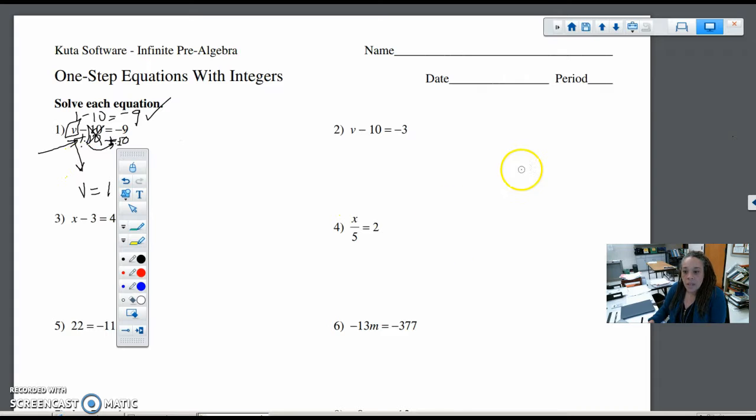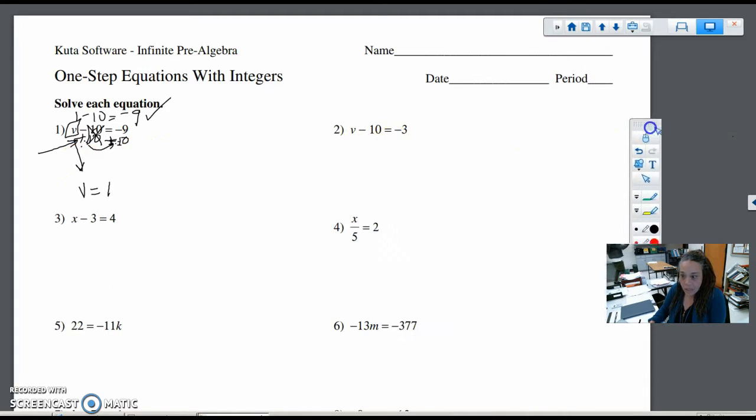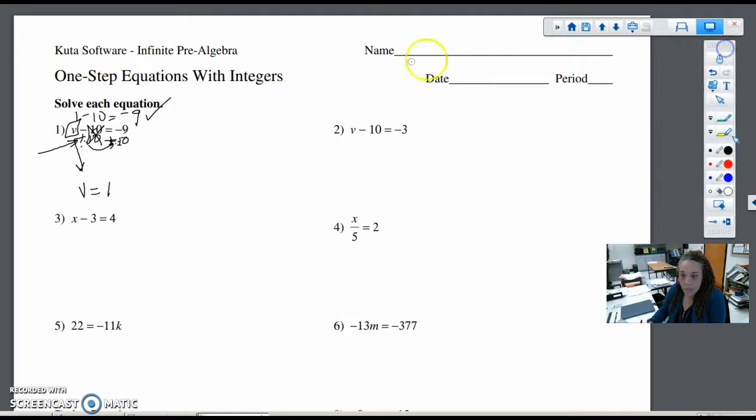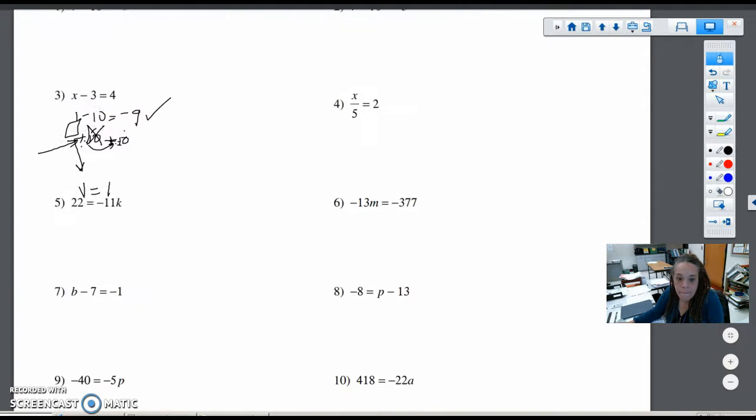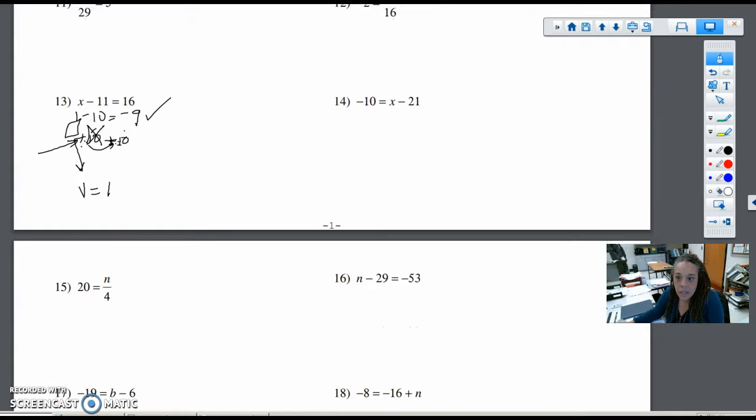Okay? Let's find another example here. So that one had the addition property of equality, and I want to go and find one now that will have the subtraction property of equality. Let me scroll down the page. And I am not finding any.